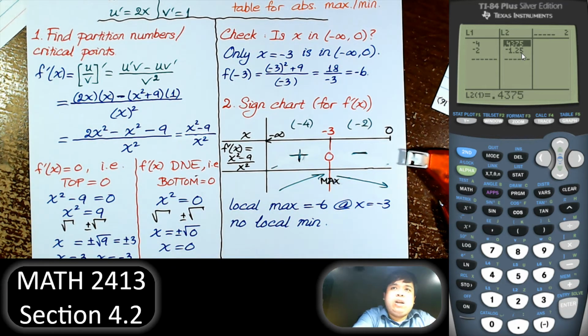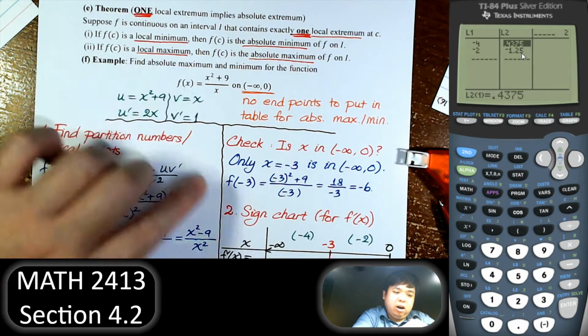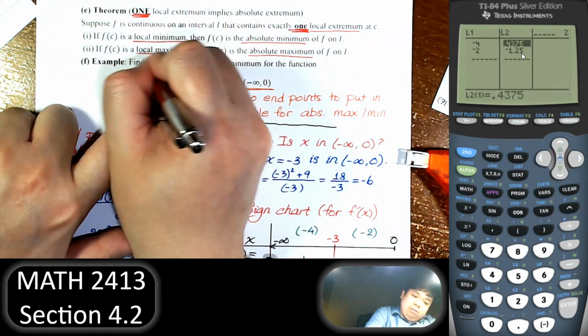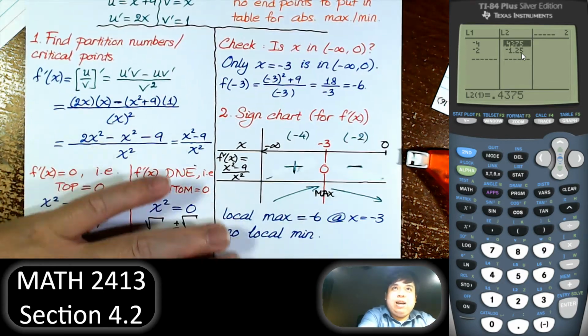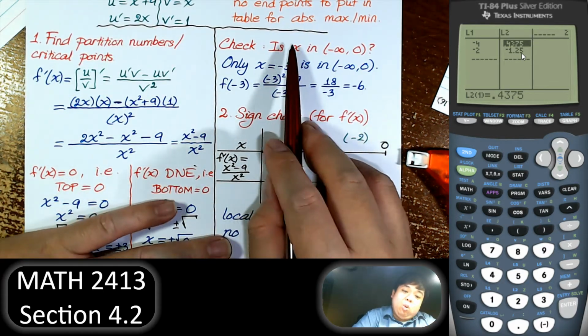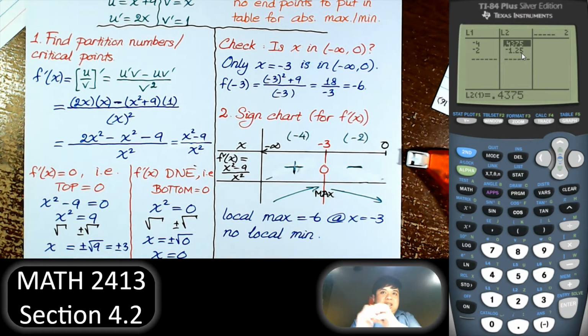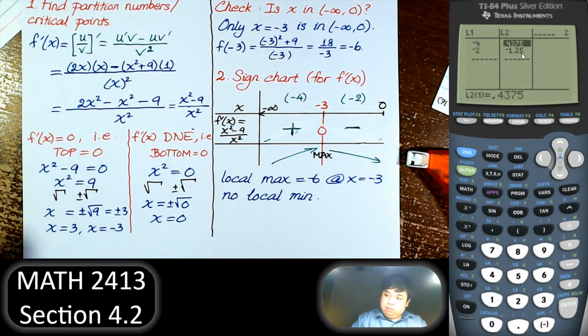That's not what the question asks. The question asks us to find the absolute maximum and absolute minimum. But that's alright, because in this problem we only have one critical point in the interval. When that happens, the local max is also the absolute max, and the local min is also the absolute min.